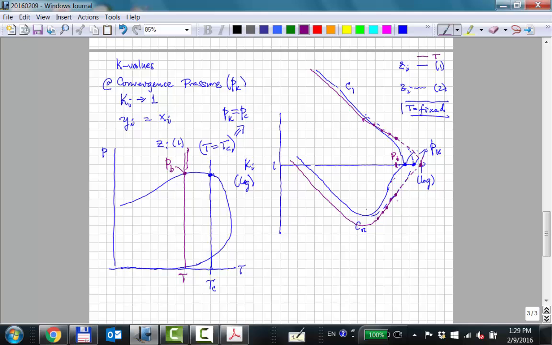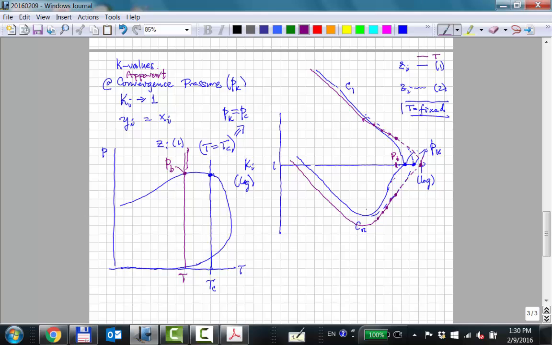When they made the plot, it looked like if you extrapolated that one, it would go to a convergence. If you extrapolated that one, it would go to what looked to be the same convergence pressure. So what they called it originally was the apparent convergence pressure. If you read the book by Standing, that's what he calls it.